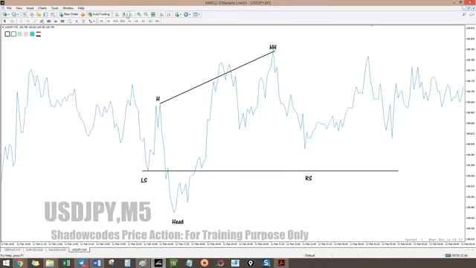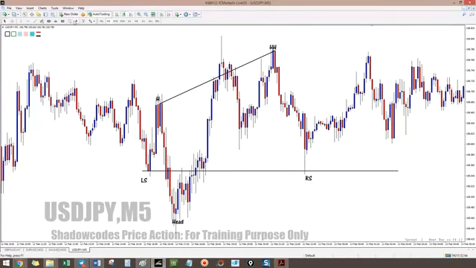Change it to candlestick, and we have a zone here. This is our demand zone. Let me change the color. Mark the zone from the left shoulder to the head. This is your zone.